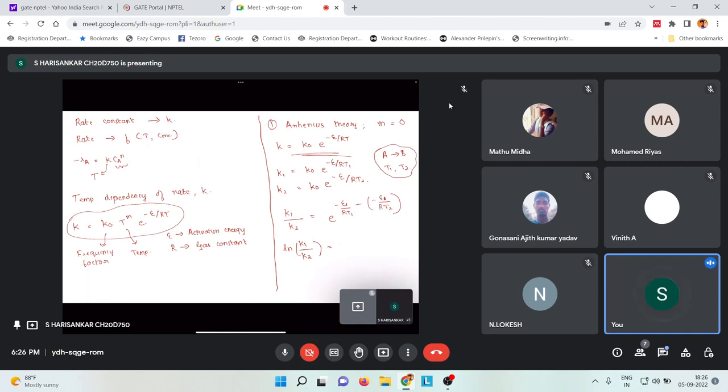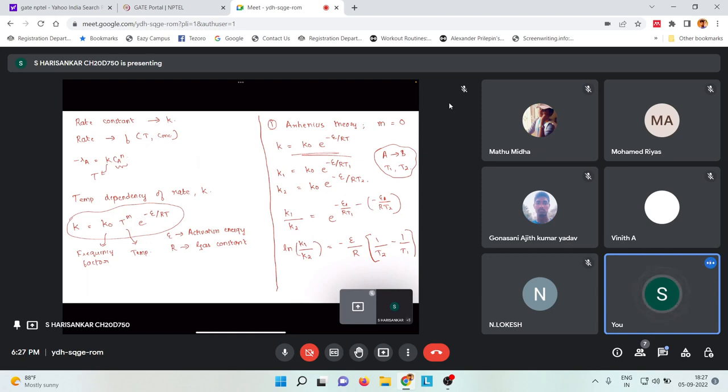So we can just take this minus E by R, which is constant, outside, and we can just write it as 1 by T2 minus 1 by T1. Okay, this is k1 by k2, right?